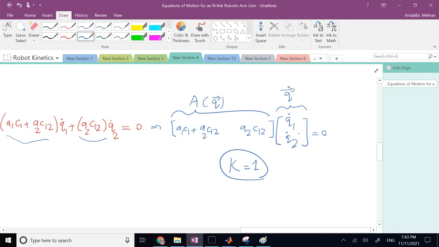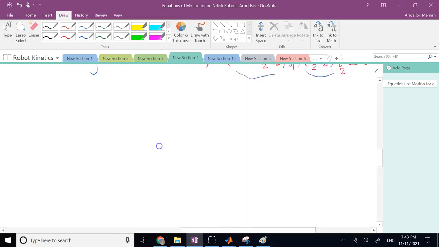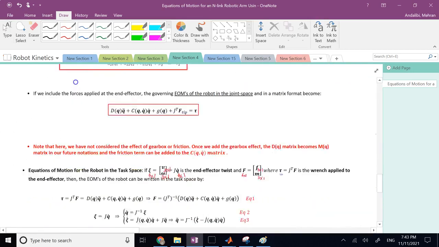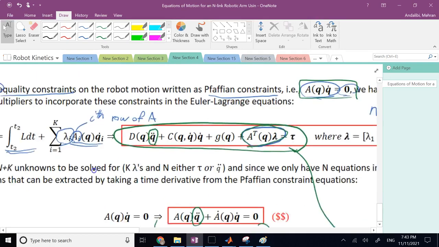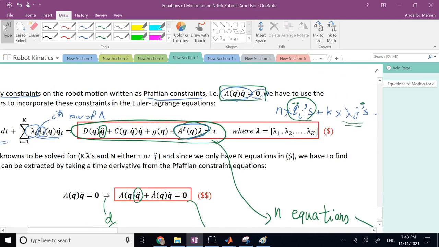Okay, so that is your A matrix, that is your q dot vector, and now you can add that to your equations of motion. So basically what you need to do is go back to your equations. We had D, we had C, we had G, nothing is new. We had tau. All you need is to add A transpose times lambda equal to tau.